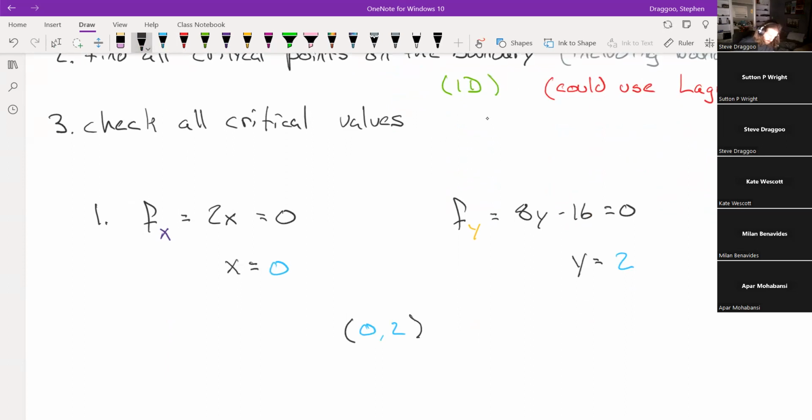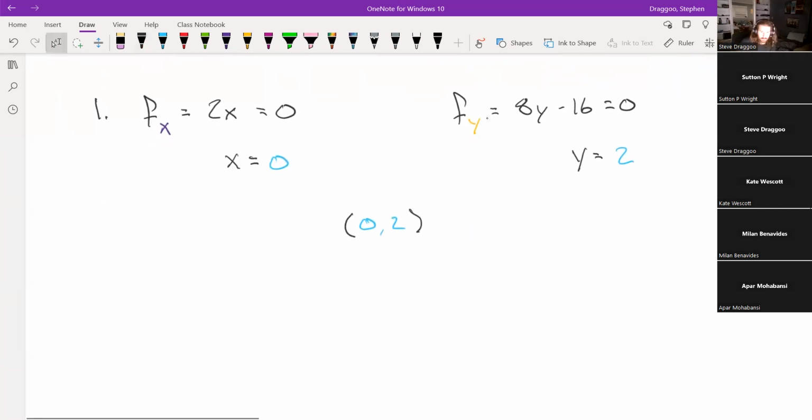That's the only critical point we have. If we had a more complex system, we might need to substitute the x partial into the y partial and then figure out something from there. But these ones were pretty straightforward, so it's just 1 solution from each of the two partial derivatives.